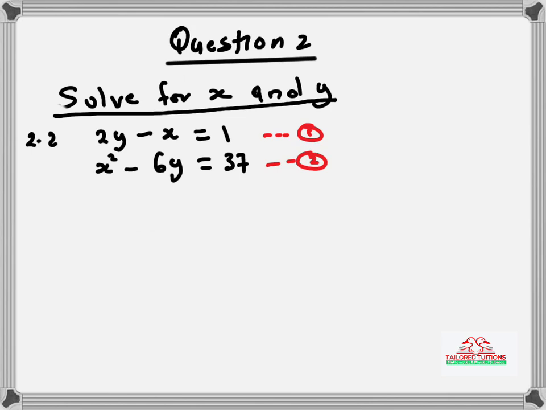Most of the time we say, look at the linear equation. If we have the linear equation and the quadratic equation, then in that linear equation it is advisable to look at the term that has a coefficient of 1 or a coefficient of -1.